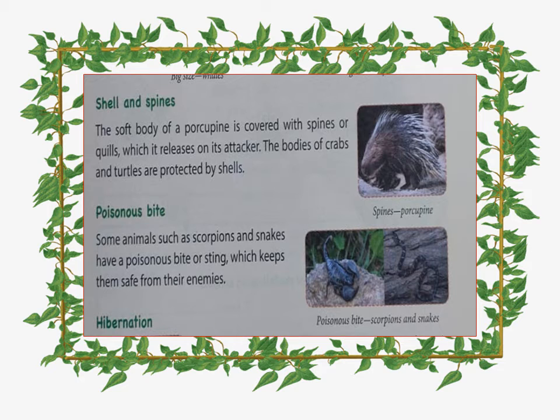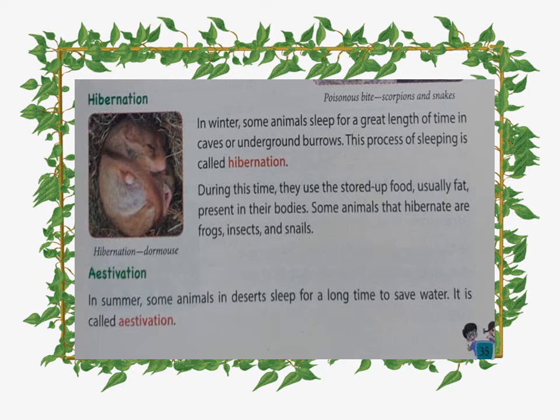Next we will learn hibernation. Hibernation is another feature by which they can keep themselves safe from their enemies. In winter, some animals sleep for a great length of time in a cave or underground burrow.